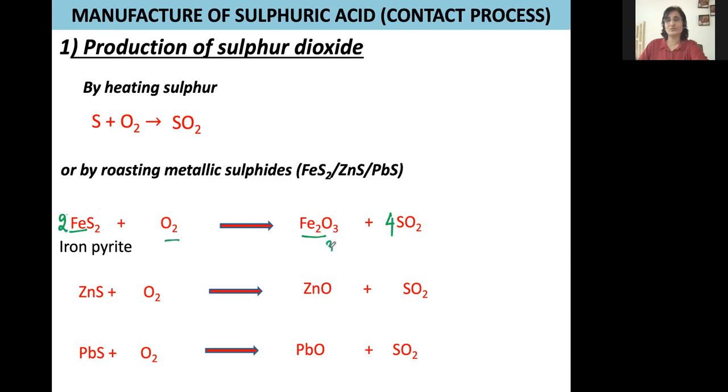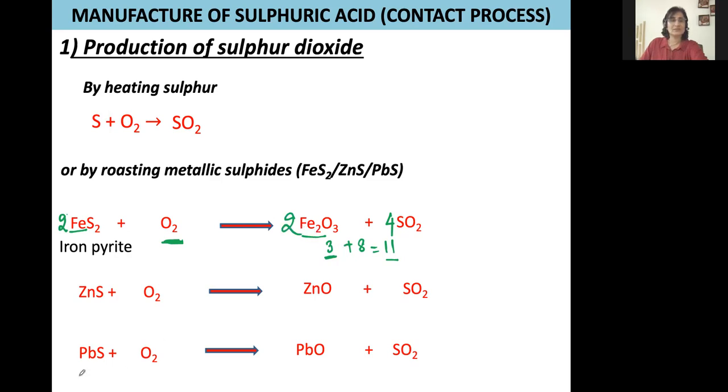Here oxygen is 3 plus 4 into 2, 8, which is equal to 11. But how do we make 11 oxygen here? We can have only a multiple of 2. So, in such a case, the odd part of oxygen can be made even just by writing 2 here.